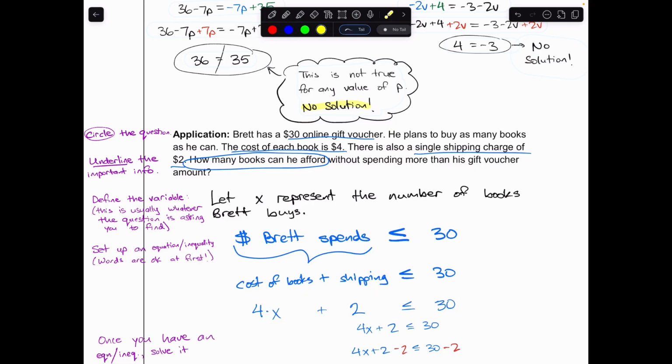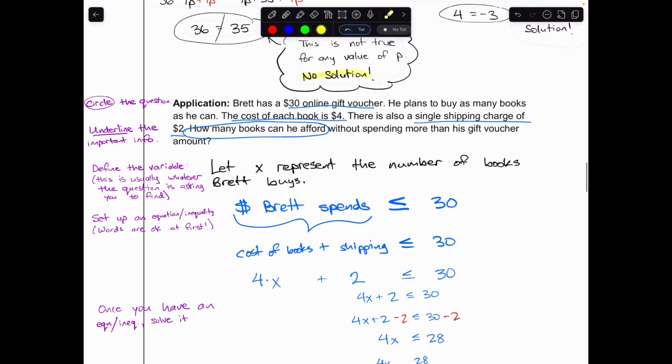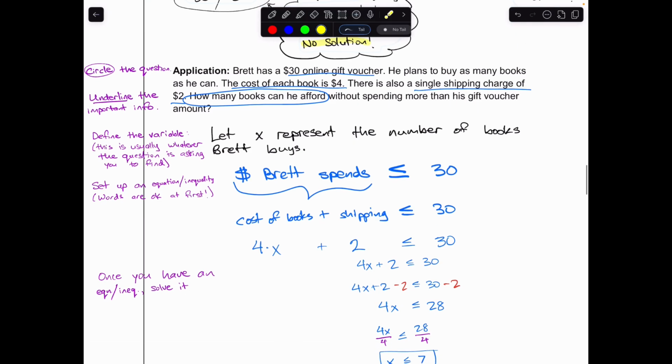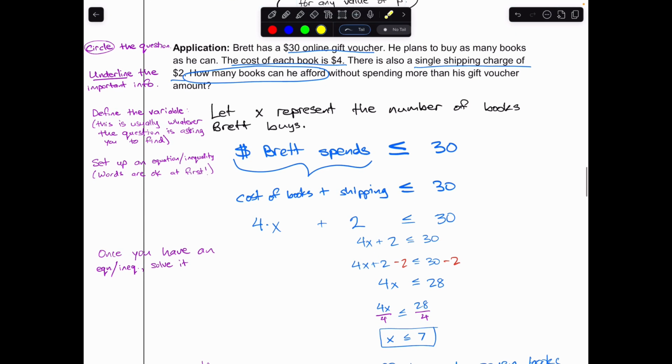And then it's just like the examples we've already done, right? So you take our inequality and subtract 2 from both sides. We'll get 4x is less than or equal to 28. And then if we divide both sides by 4, we get our solution. x is less than or equal to 7.